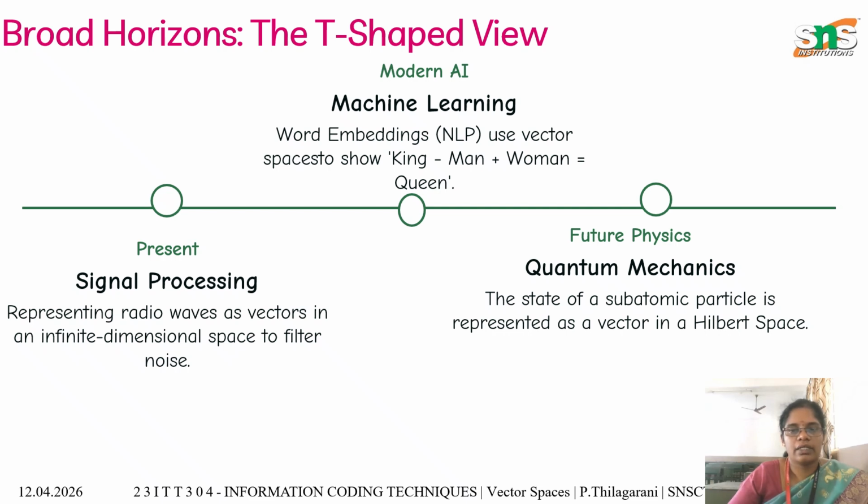So king minus man plus woman equals queen. The future physics is quantum mechanics. The state of a subatomic particle is represented as a vector in a Hilbert space.